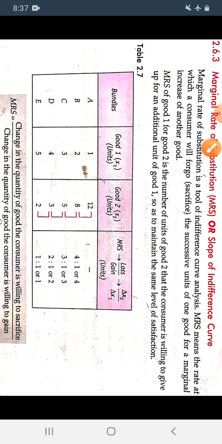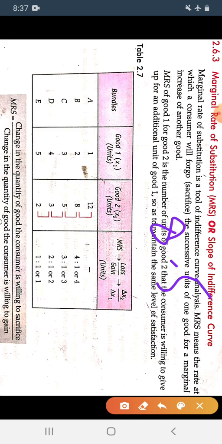So it is equal to 4, or we write it as 4 is to 1. In the same way, in bundle C, the consumer consumes 3 units of good 1 and 5 units of good 2. Here the difference between 8 and 5 is 3, and for good 1, 3 minus 2 is 1.